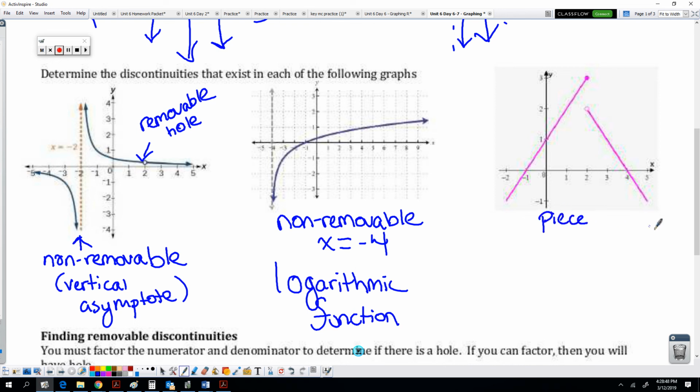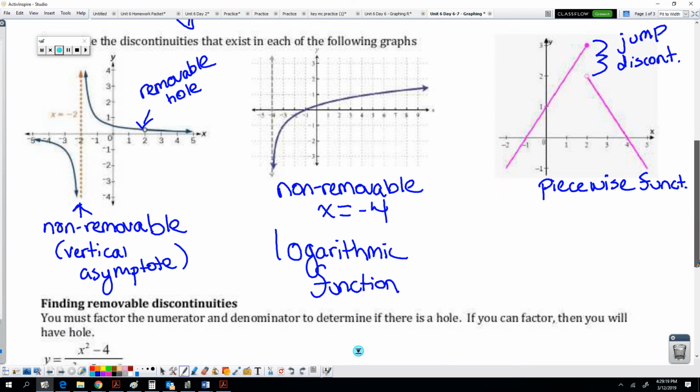So if you ever see the words piecewise functions, it's because they are two functions put together. Now, whenever you see this, it has something called a jump discontinuity. Because it literally goes from here and then what does it do? It jumps up. That's a jump discontinuity. It's broken up into two different pieces.